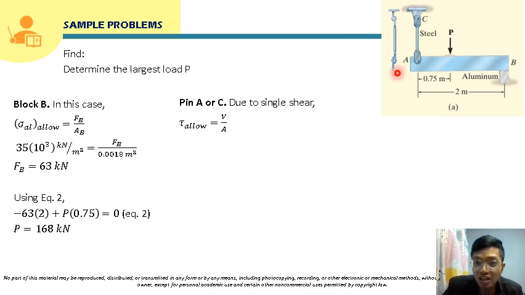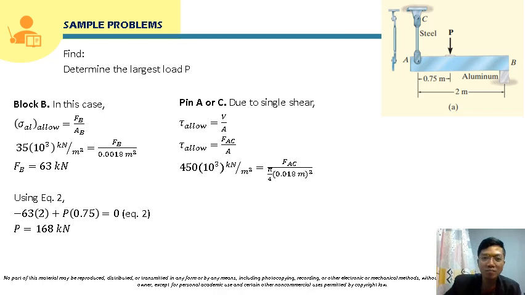So the shearing will happen in between, so this will just develop a single shear. Meaning, the reaction force here at the steel rod AC, which is FAC, if we solve for the internal shear force at the pin, will just be equal to that. So the shear force V will just be equal to FAC.